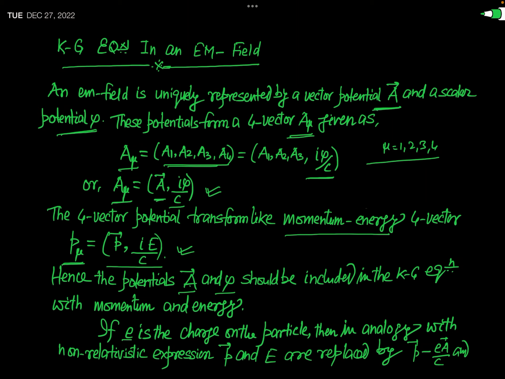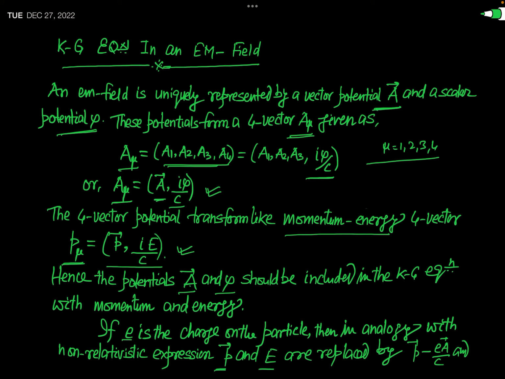If the particle is not in an electromagnetic field, then you say that the momentum of the particle is P and its energy is E. But when the particle is in an electromagnetic field characterized by the vector potential A and the scalar potential phi, as I have told you, there will be an interaction between the field and the particle, and these two quantities, the momentum vector P and the energy of the particle, will get modified.